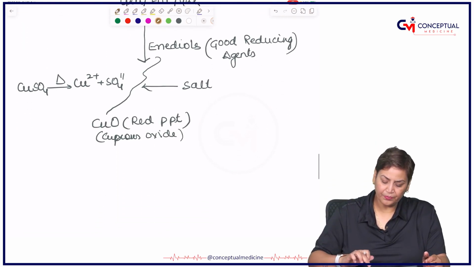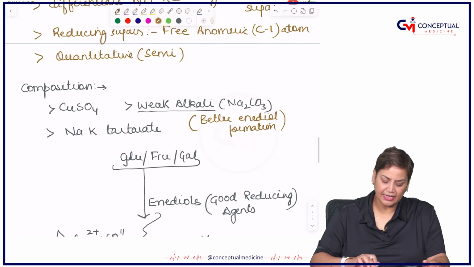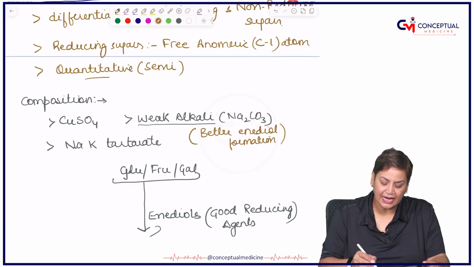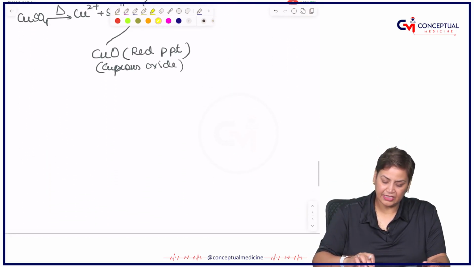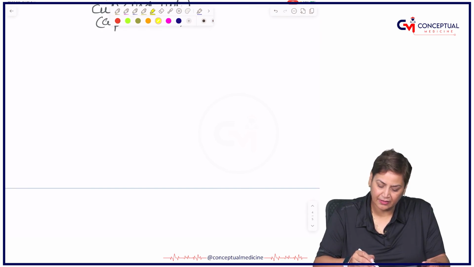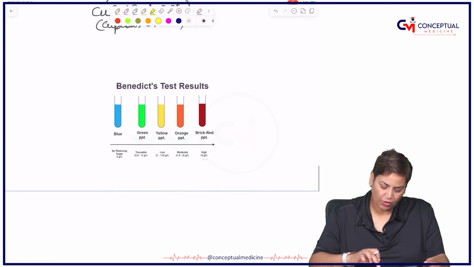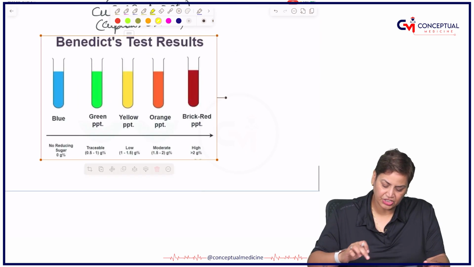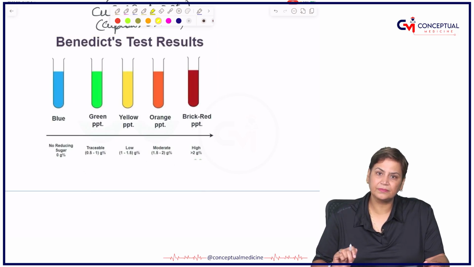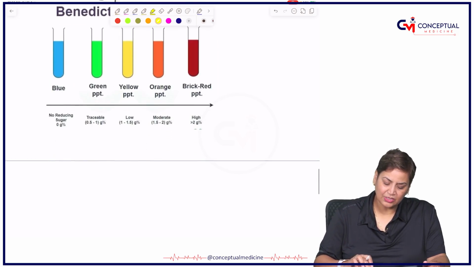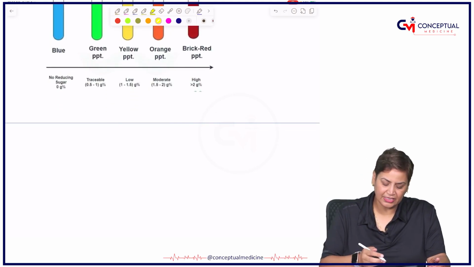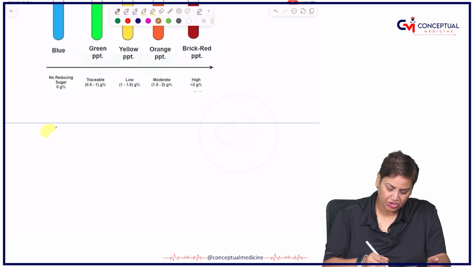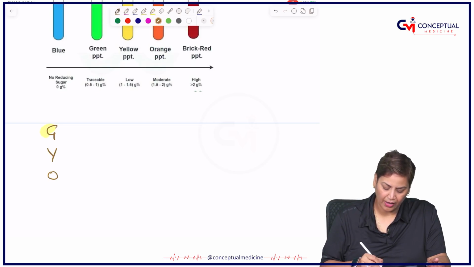Okay, so now I have mentioned that it is a quantitative test, and that too a semi-quantitative test. So what do you mean by the term semi-quantitative? It means that this type of coloration will be there. Let me show you the list. See, you can see the variation in the colors. Okay, so what happens is, you have to just remember a mnemonic. Just as we know for rainbow colors the mnemonic is VIBGYOR, here it is GYOR.